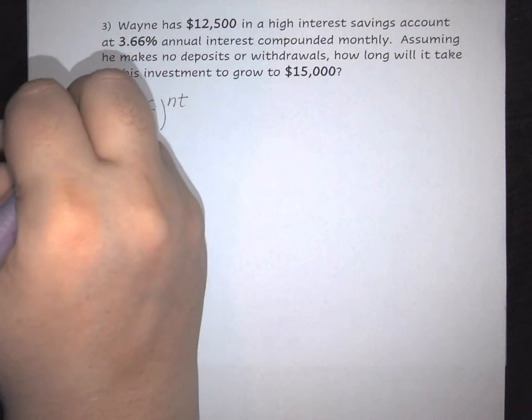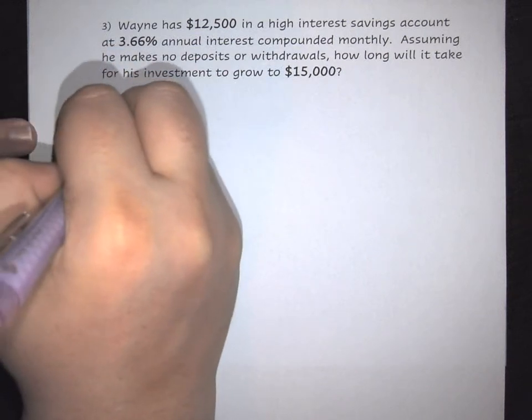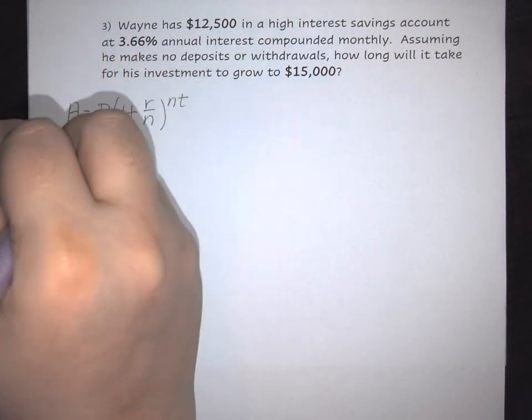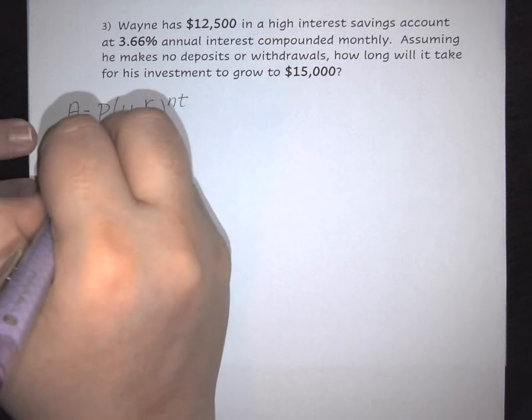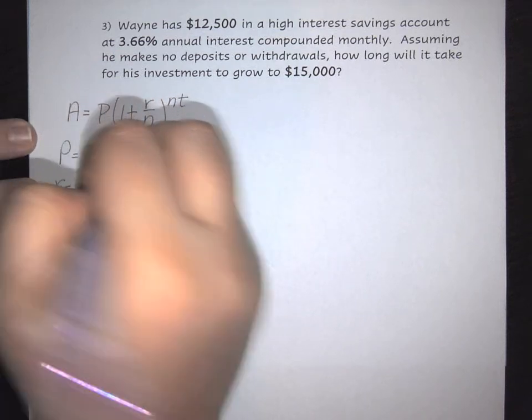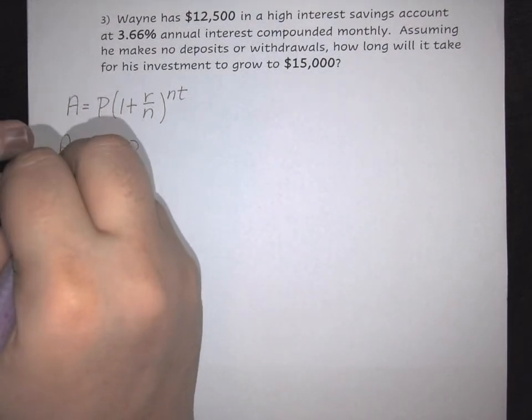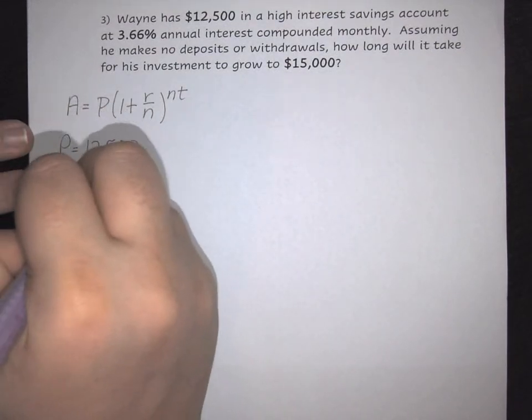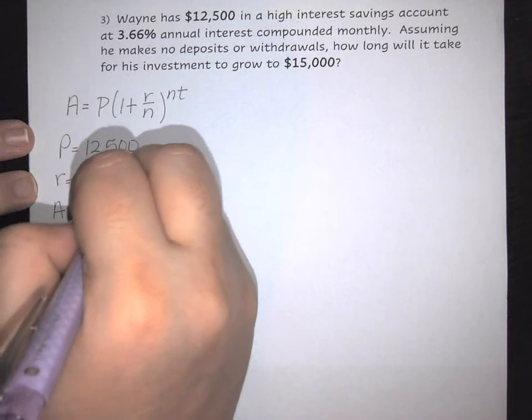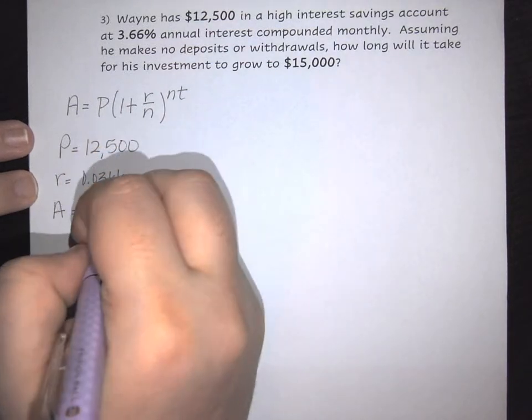So we know that P is going to be 12,500. We know your rate is going to be 0.0366. Do not round. We know that your amount is going to be $15,000.